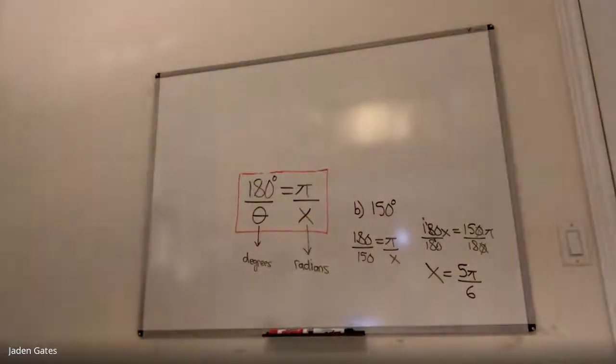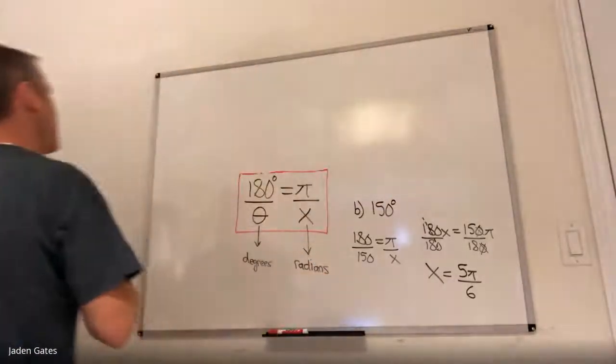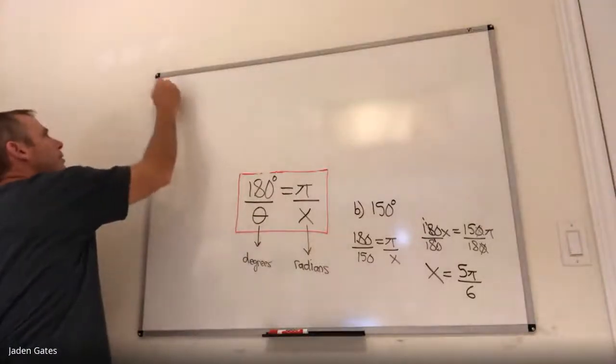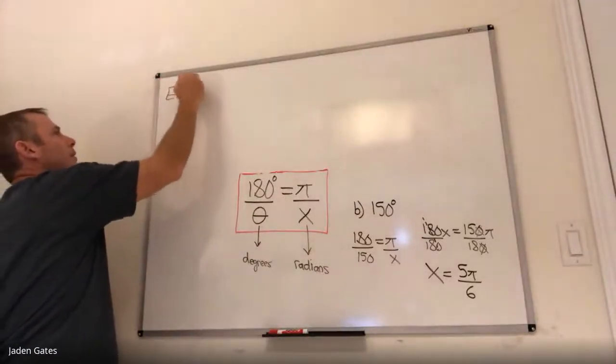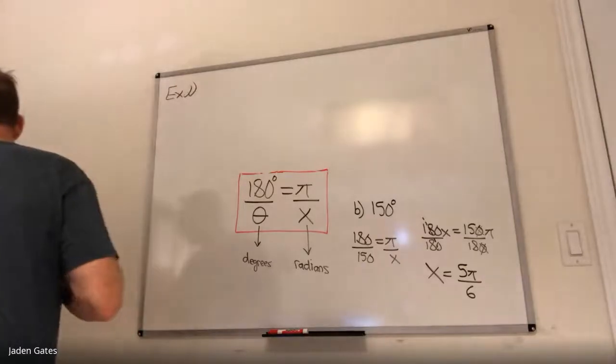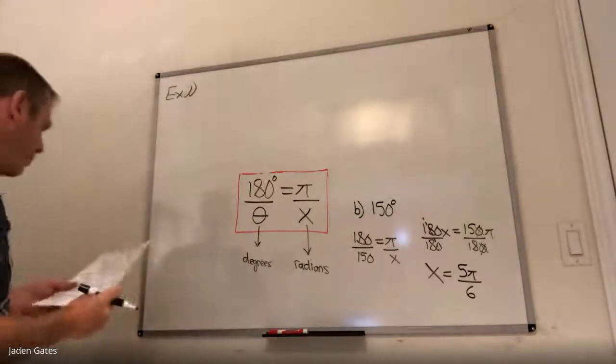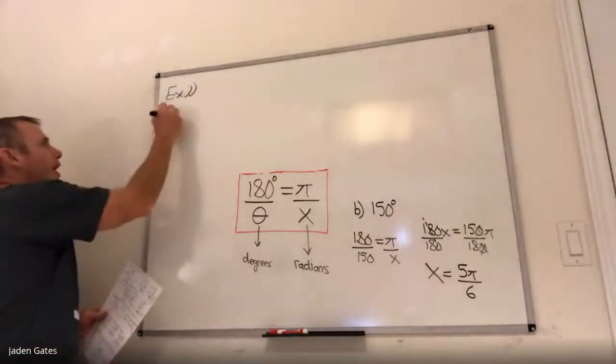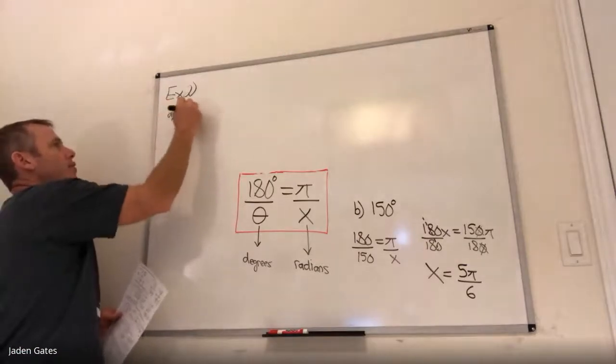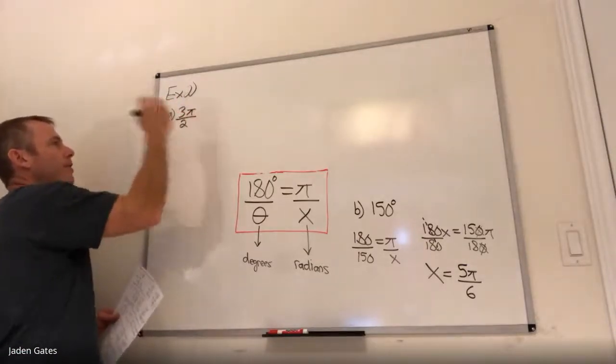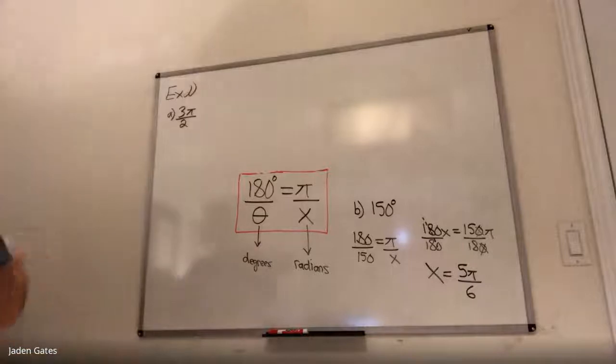Okay, so example 2. We'll do A and B here. So this time, like I said, we're going the other way where I have radians and I want to convert them into degrees. And so A, like I said, radians often are left with the pi in there, except for when you're solving. So I have 3 pi by 2.